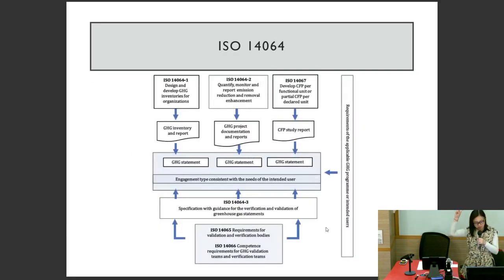I think we have explained this flow chart generally last week. So we have number 1, the organization level, and it will give you some guidelines about the greenhouse gas inventory and the report, and then for your organization you can claim that the carbon emissions for this year are so many tons of carbon dioxide equivalent.